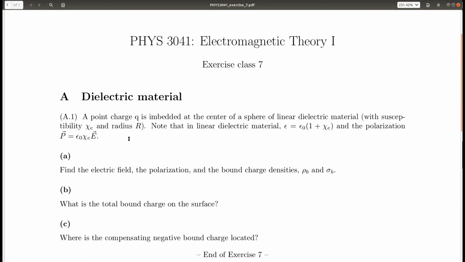I provide this hint because, in general, the epsilon and the polarization of a dielectric material could be very complicated. However, fortunately, some materials have a linear response to the electric field, so we can simplify and approximate these questions with these simple expressions. So let's get started.